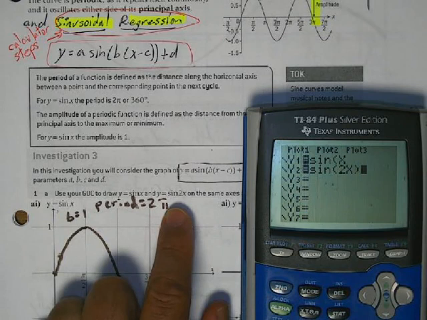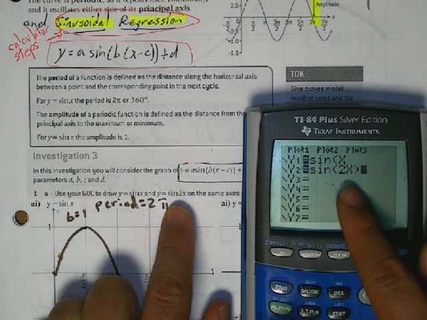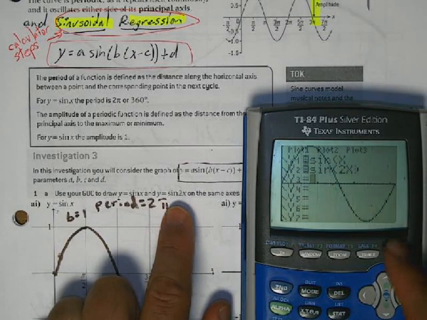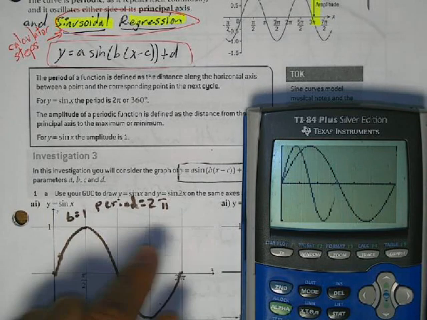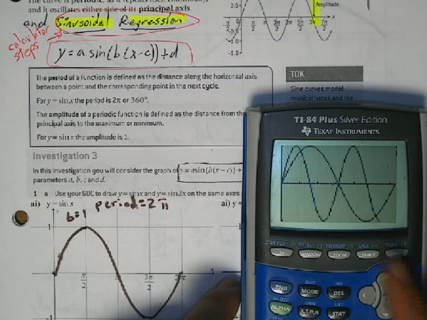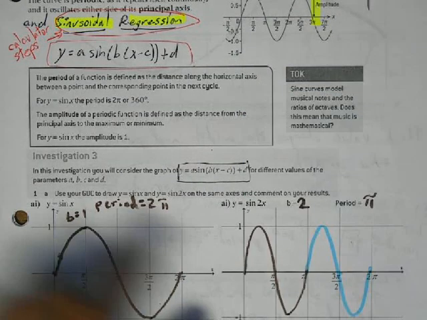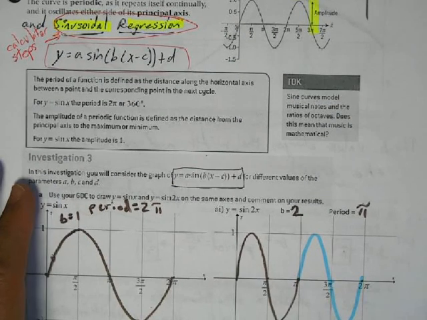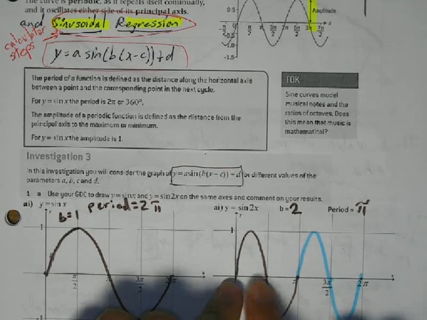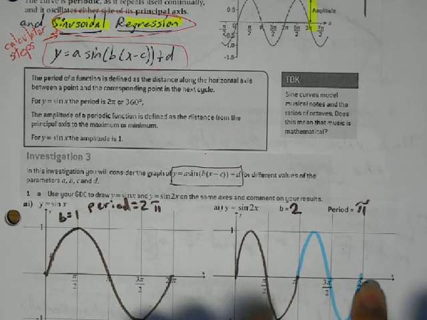And notice the 2 is inside the parentheses there. Let's graph that. And you can see that it's going to do 2 graphs in the space of the sine wave. In between 0 and 2 pi, it's going to have 2 periods.